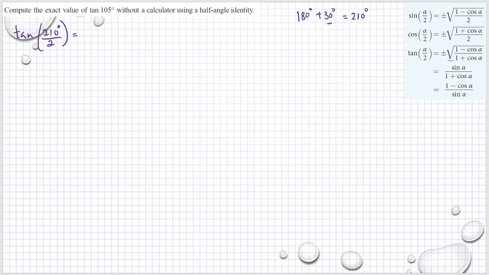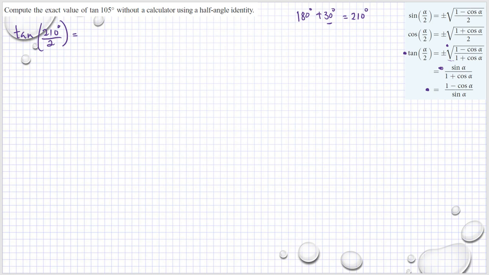So if I'm going to look for my tangent now, of the formulas for tangent, the easiest that I can use is this one. Why? Because if I use the first one, then I will be dealing with a lot of squares in my denominator.